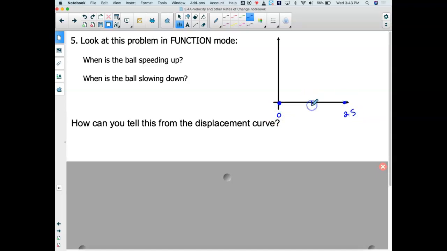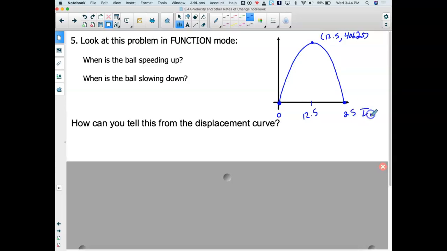I know here in the middle at 12.5, I'm getting my maximum of 12.5, comma, 406.25, and I knew it went like that. Now that's in function mode.